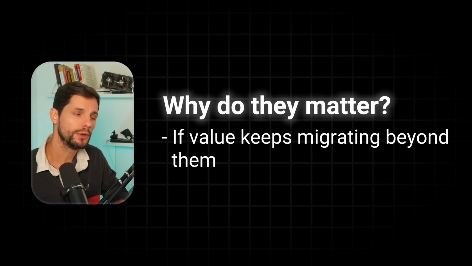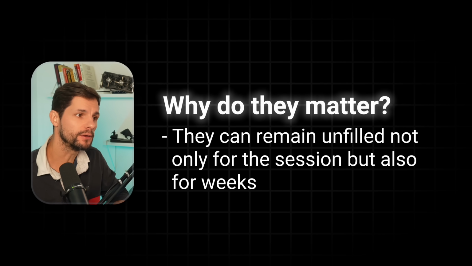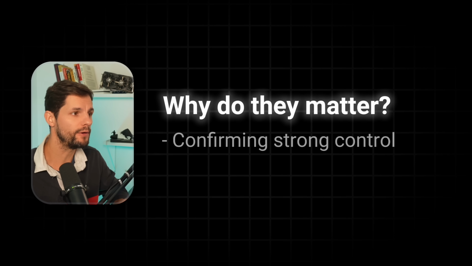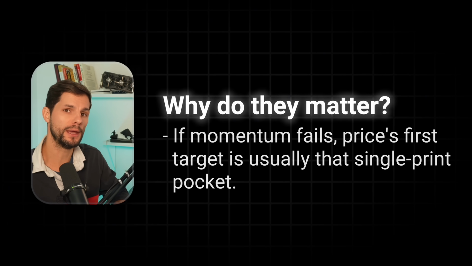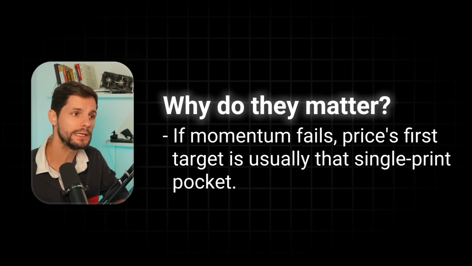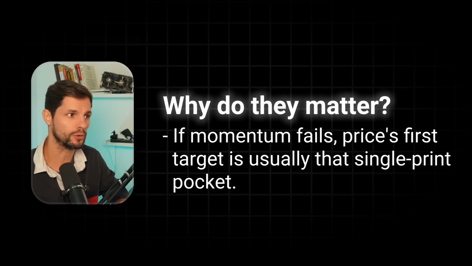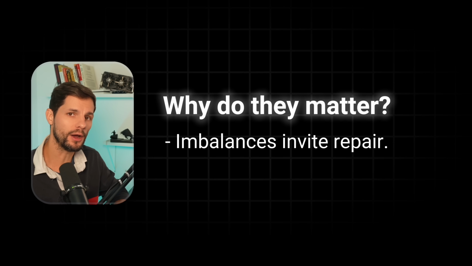If value keeps migrating beyond them, they can remain unfilled not only for the session but also for weeks, confirming strong control. That could be the sellers or the buyers. If momentum fails, price's first target usually is that single print pocket, just like we saw earlier. So in short, imbalances invite repair.